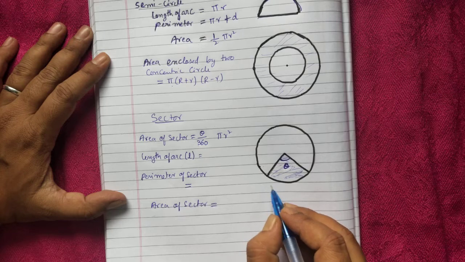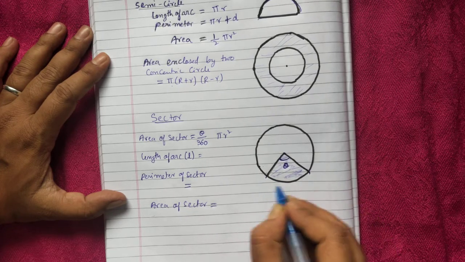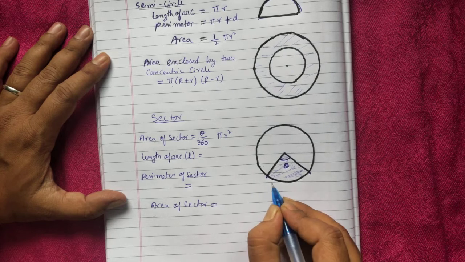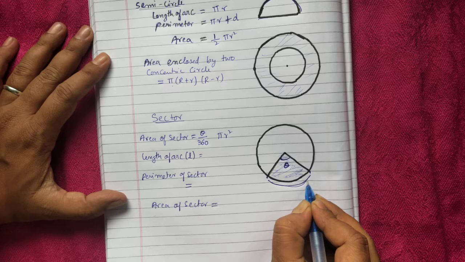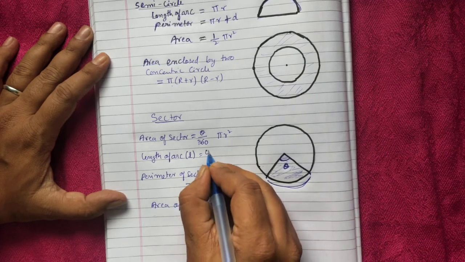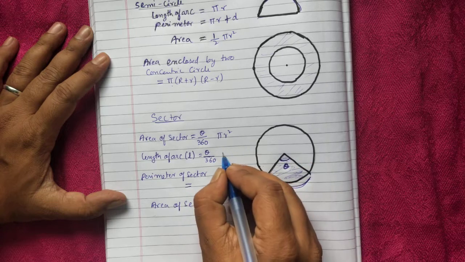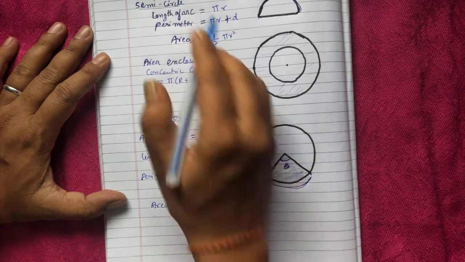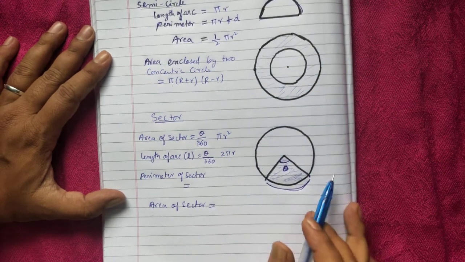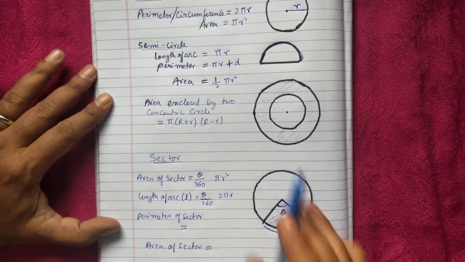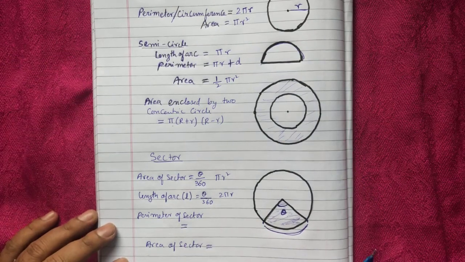Length of arc, suppose we're talking about this sector, means only this length up to this much, and it is theta by 360 times 2 pi r. It's like circumference of circle 2 pi r, but we're putting theta by 360.